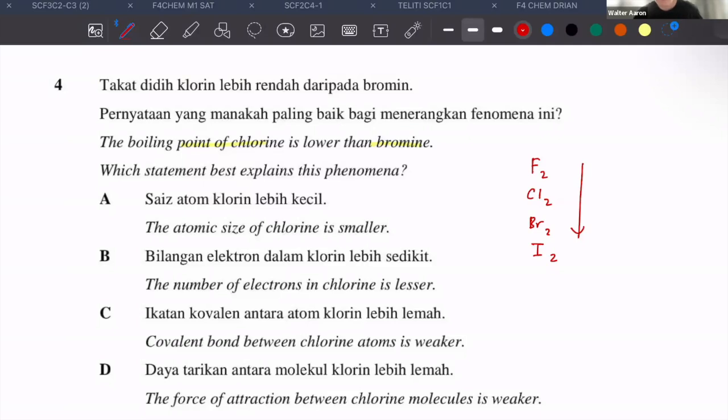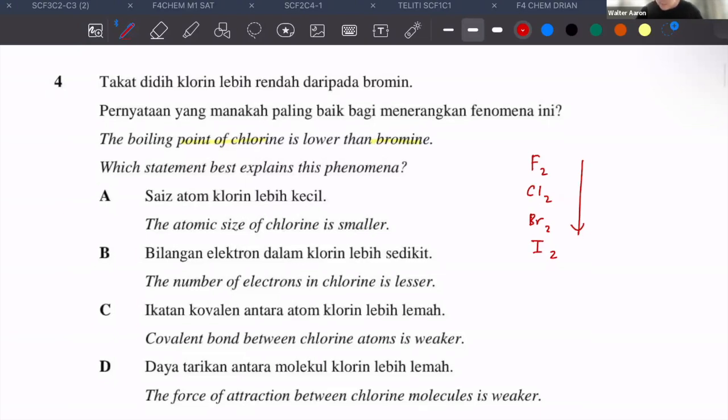That means the intermolecular force will be stronger between the molecules as the size increases. So the best way to explain why chlorine has a lower boiling point than bromine is because the intermolecular forces, or the force of attraction, between the chlorine molecules is much weaker. Therefore, the answer here would be donkey.